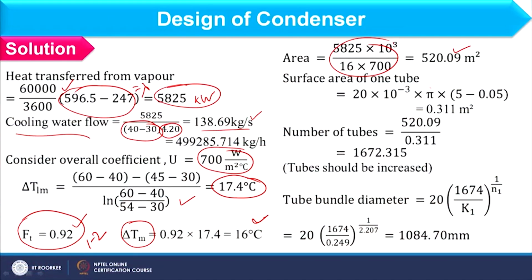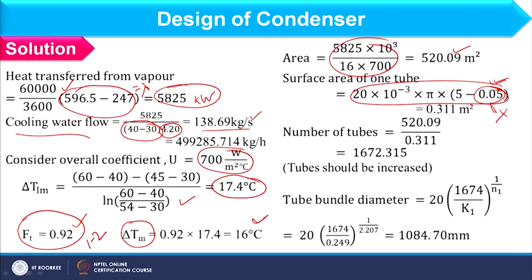So, first of all we have to find out the surface area of one tube and then we will proceed to find out the number of tubes. The surface area of one tube you can consider as pi d naught L effective. Here also you should consider L effective because the section of the tube inside the tube sheet will not participate in heat transfer.